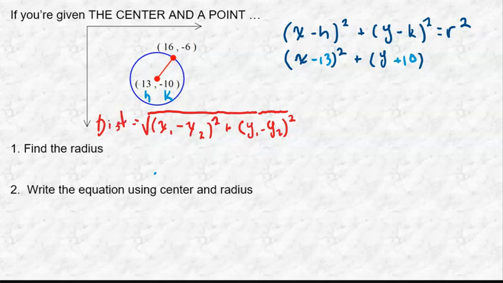Now I'm going to plug everything in. So the way I have to do that, I have to label this x1, x2, then y1, y2. I am sure there's a technical reason for it, but I don't know what it is.